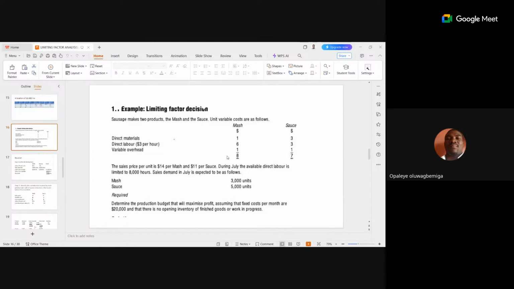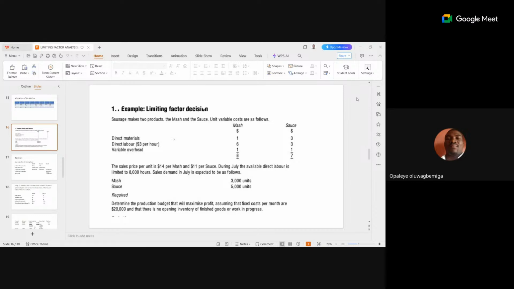During July, the available direct labour is limited to 8,000 hours. Sales demand in July is expected to be as follows: mash 3,000 units, sauce 5,000 units.